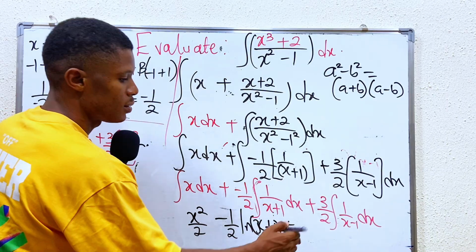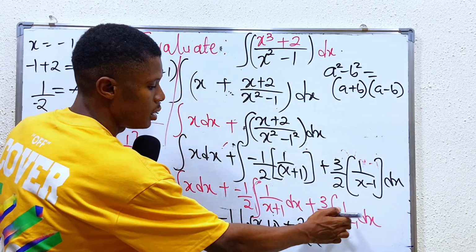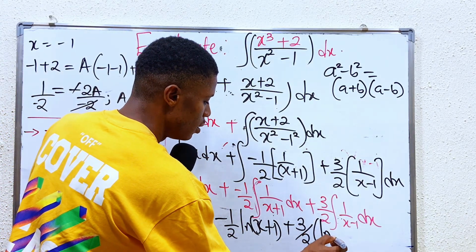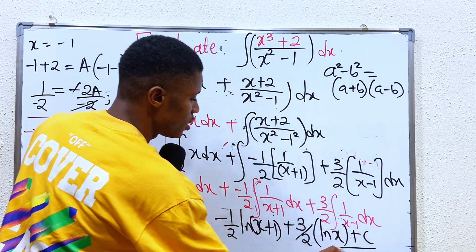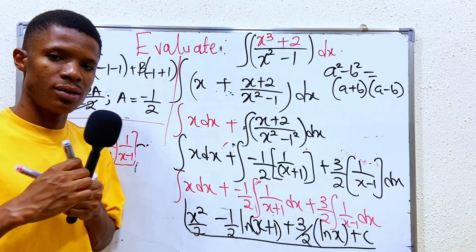Then plus, the next one is 3 over 2 into, integrating 1 over x minus 1 will give you ln of x minus 1, then plus c, which is the constant of integration. And this is the simple answer to this function.